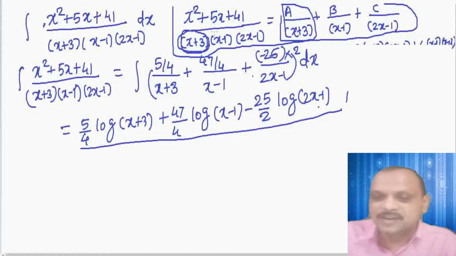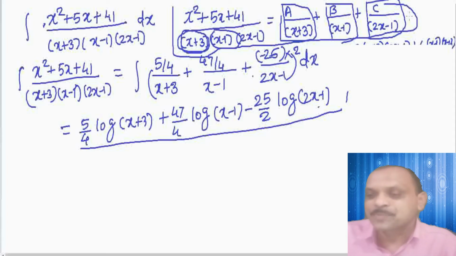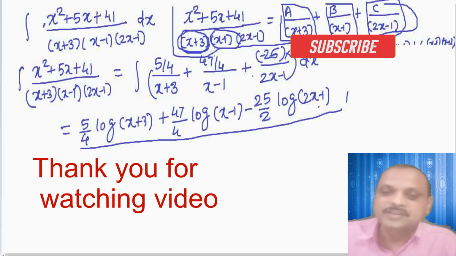Another factor is x minus 1, and for this we have taken B divided by x minus 1, and the third factor is 2x minus 1, for which we have taken C divided by 2x minus 1. Like this we have solved for A, B and C. This is the method of partial fractions, and you can see how it is converted into very simple integrations.